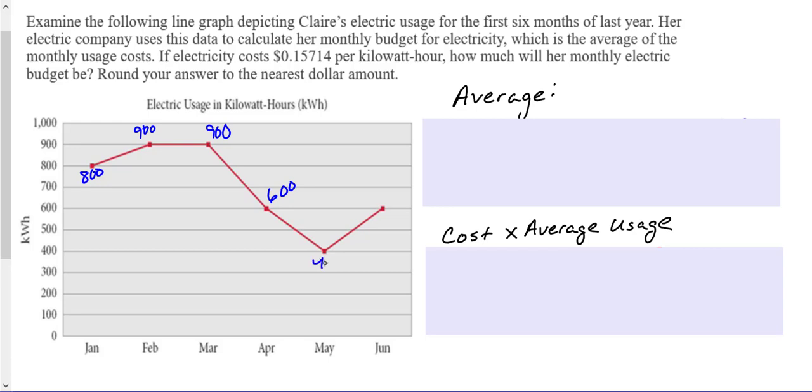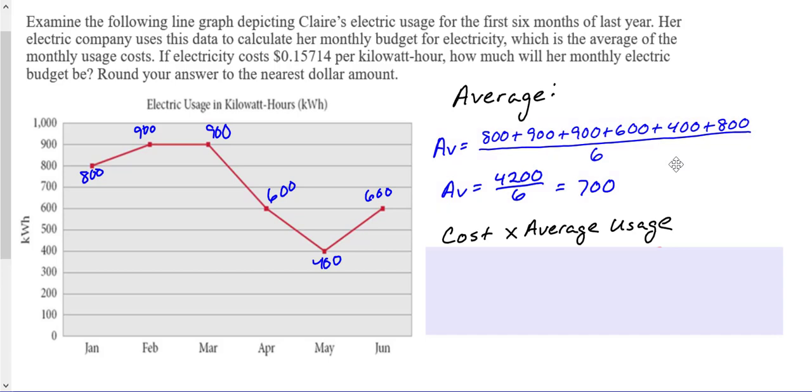May is 400. And June is 600. So to find the average, we would add all of those monthly totals together and divide by 6 since it covers a 6-month period. That would give us an average that she spends of approximately $700 a month.